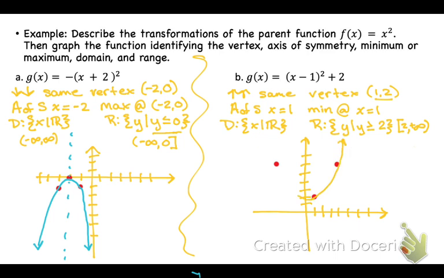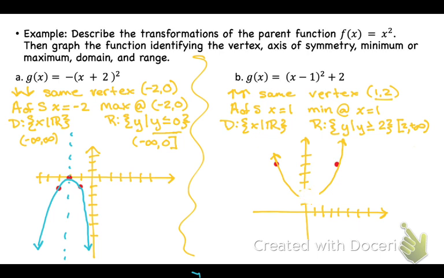As long as I can see that you've marked your points, I'm good. I'm not giving you graph paper. If I give you graph paper, then you have to make it exactly right. Oh, didn't make the axis of symmetry.